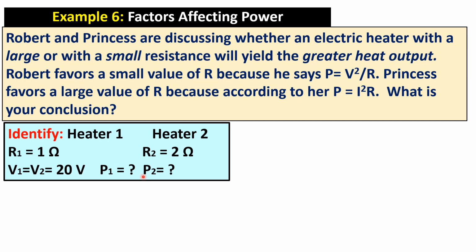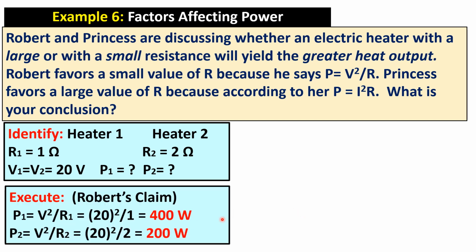It depends on the country. But for simplicity, once again, we just choose a small value for the voltage, V1 and V2 being equal. Let's say it is equal to 20 volts. And we are going to calculate the power, P1 as well as P2, using both equations mentioned by Robert and Princess. So here we go.